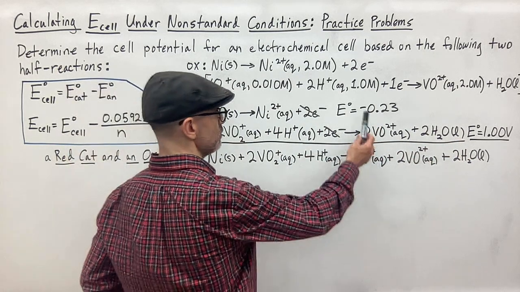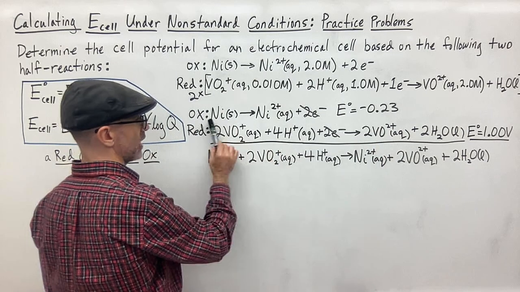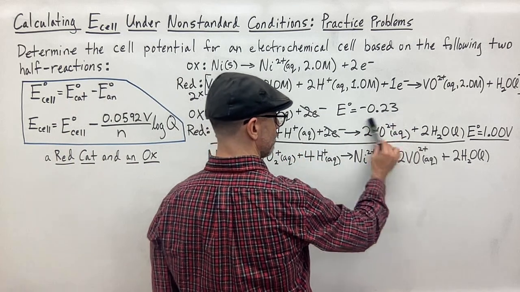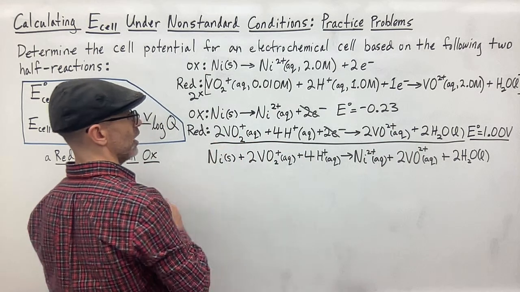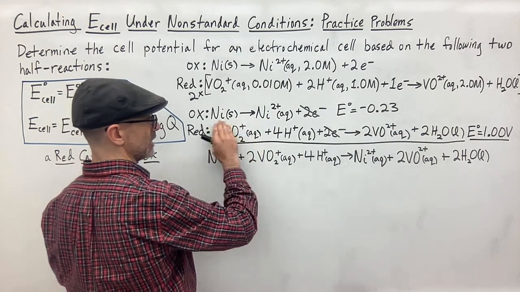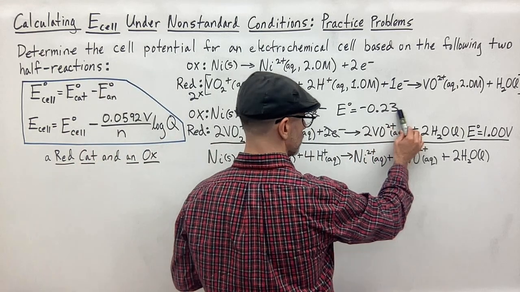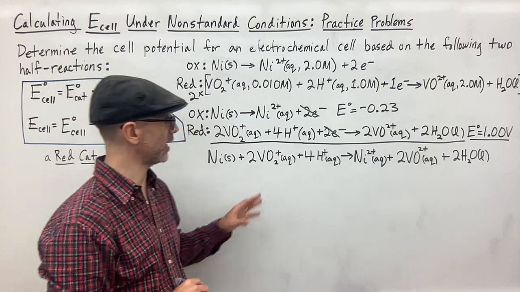So again, this value is actually for reduction, but here nickel is undergoing oxidation. So this value is not really the value that goes with this particular reaction, because this is written in the oxidation form, but the table value applies to the reduction form. And I'll explain why that's important to keep in mind.